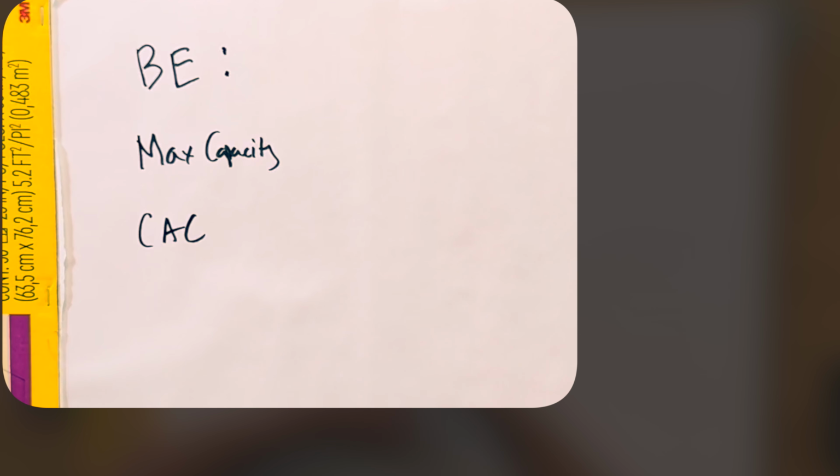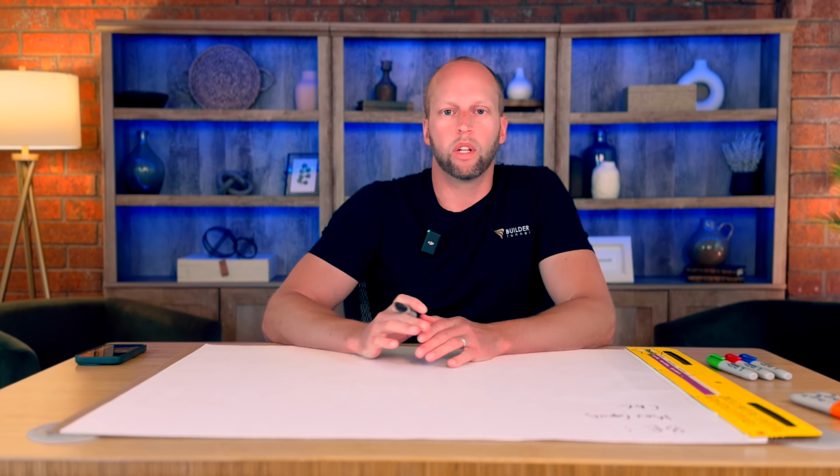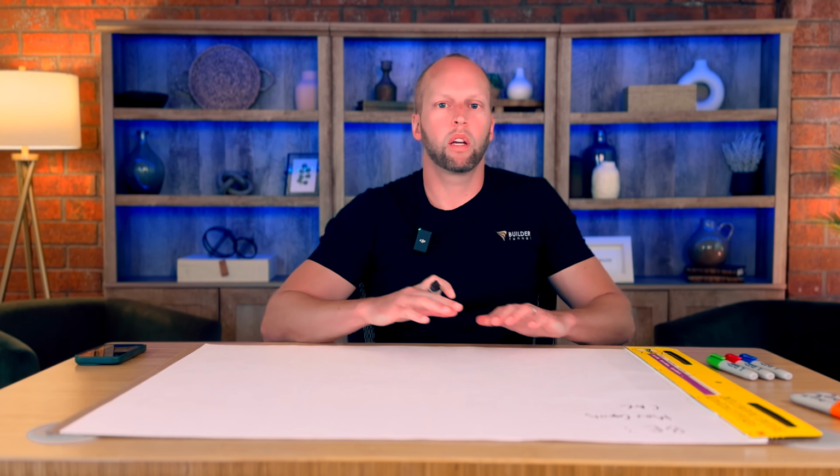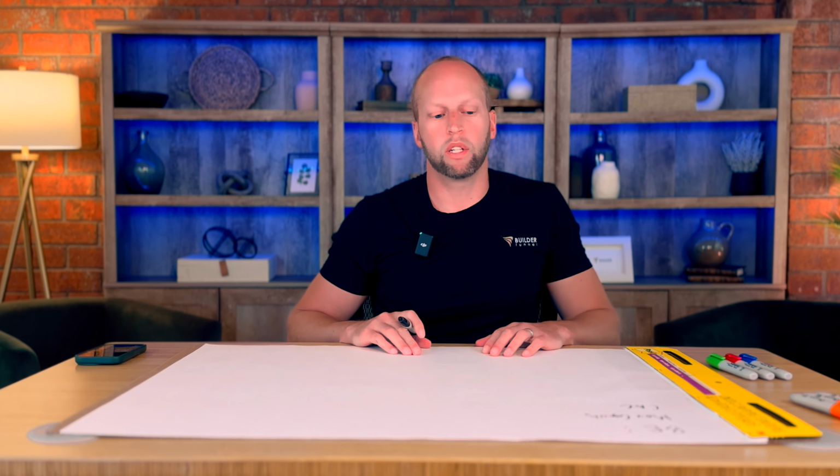We're going to look at our break even first. In order to figure out your break even, we need to know either your monthly or your annual overhead. So that's going to be sales and marketing, administrative, no cost of goods sold. We want all of those overhead expenses.